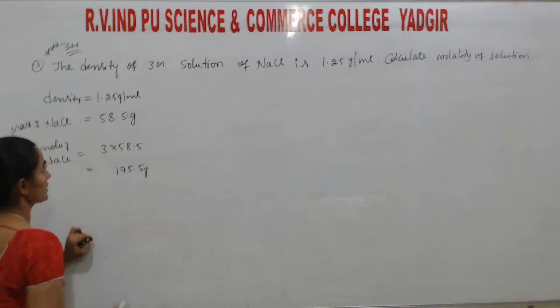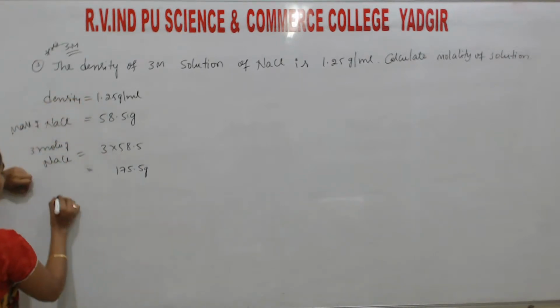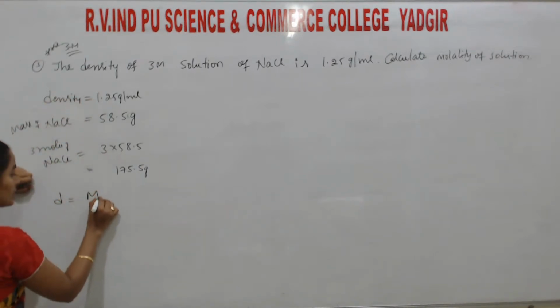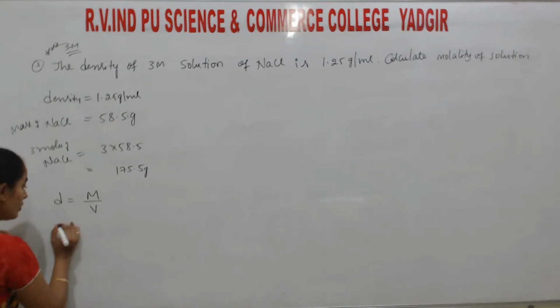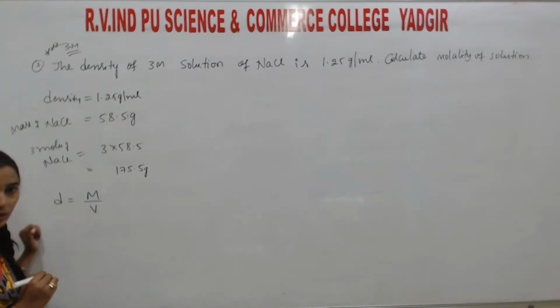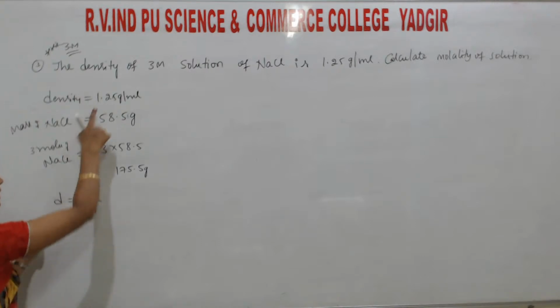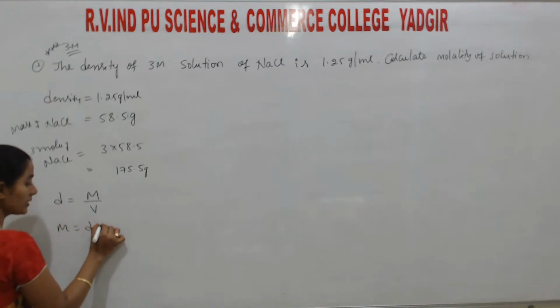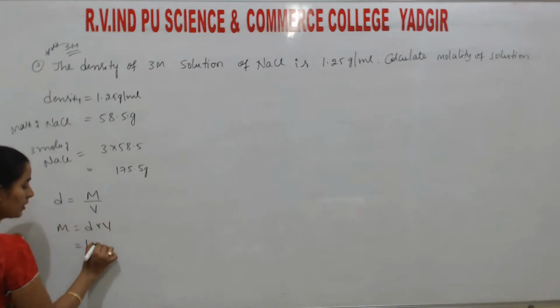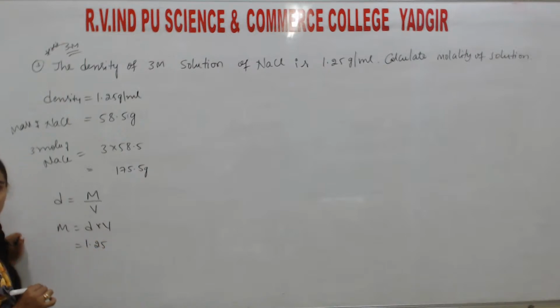Okay, next. So the density given students, density is mass by volume. Correct? Mass by volume. So volume, the standard volume we have to take is how much? 1000. Correct? Density they given. So mass is equal to density into volume. Density is how much? 1.25.